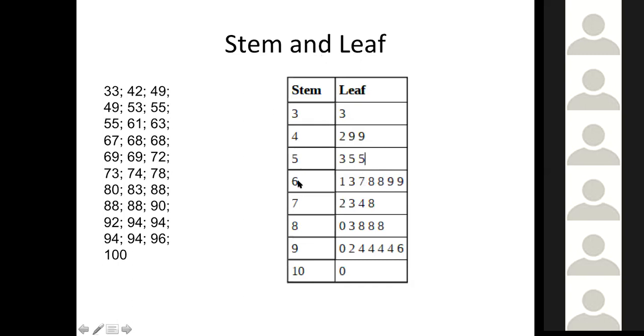And now you come to 60s, you have 61, 61, and then 63, so 6, 1, 1, 3, 7, 8, 8, 9, 9. That means that you have 2 68s, 68, 68, and also 2 69s, 69, 69. This is what we call the stem and leaf. Usually the statistical book will always present this kind of data presentation.